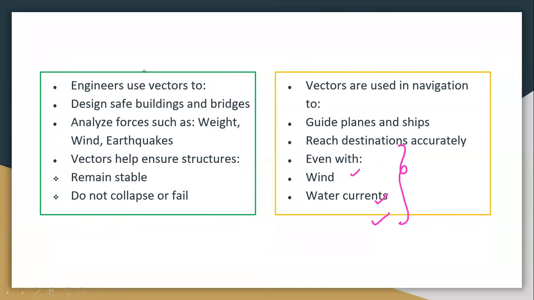Engineers always use vectors whenever someone is coming up with a design for a bridge or any building. Whenever you look at those buildings, there is a lot of mathematics and physics behind them. They apply them, though we may not see them on the surface.